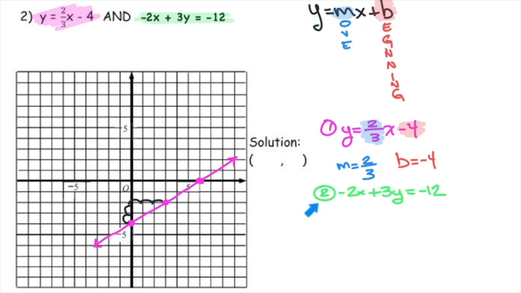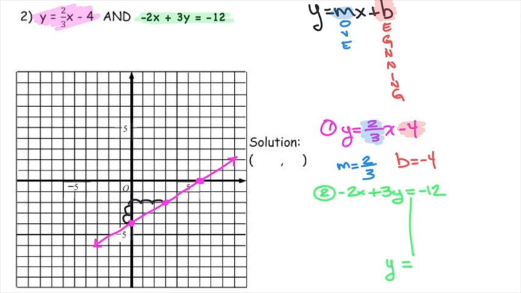So we're going to have to modify the equation to make it look like that. How? We're going to use our solving skills, meaning we need to leave the letter y alone. Isolate the letter y.